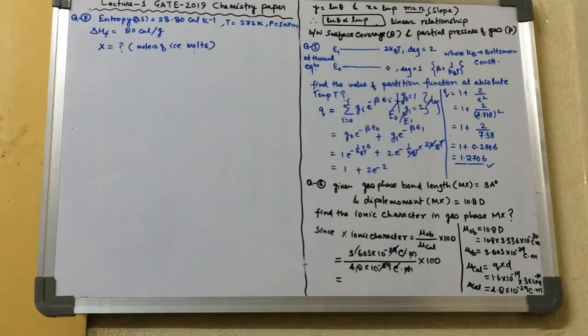So how to approach these types of questions? The entropy change for melting of X moles of ice is given as 28.80 calorie per Kelvin, and heat of fusion is given as 80 calorie per gram, and temperature is given, 273 Kelvin, pressure is given. The value of X is what?